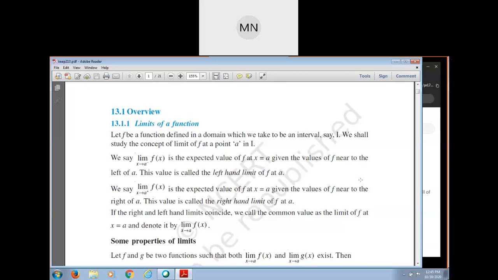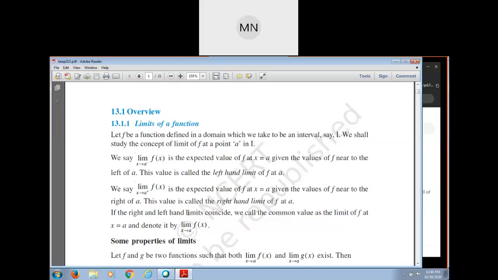Okay, it exists means it's a finite number. If it exists and if both are equal, then we say that it is the limit of that function. That common value is called the limit value of that function at x equals a, and it is denoted by limit x tends to a f of x.